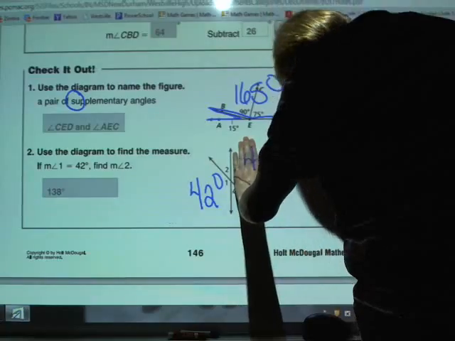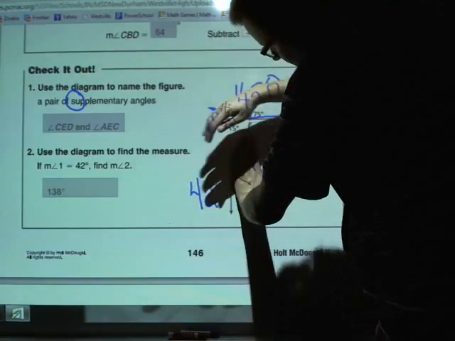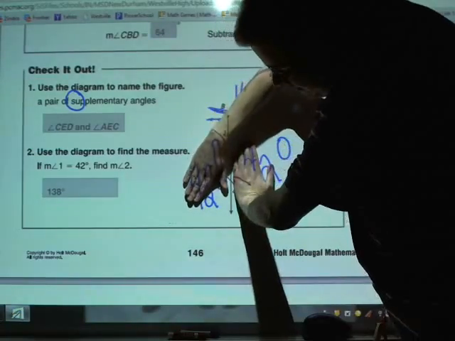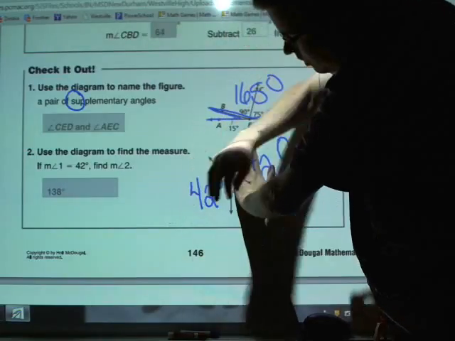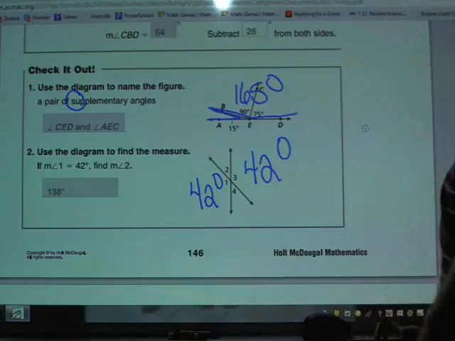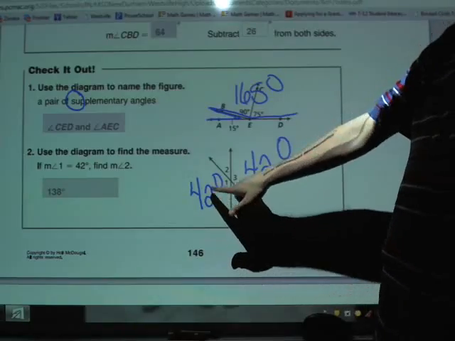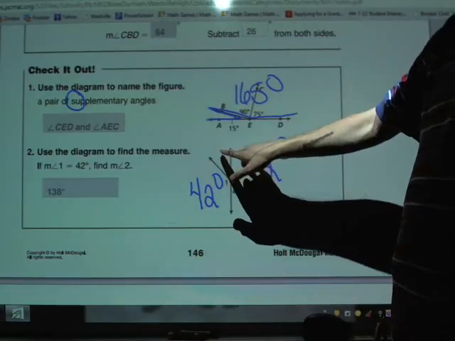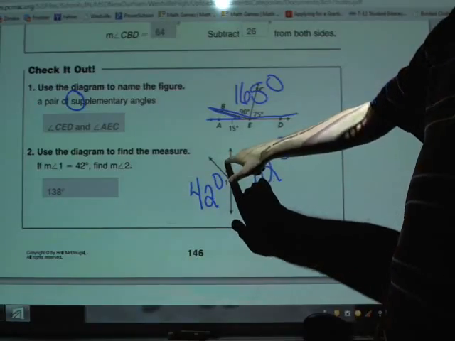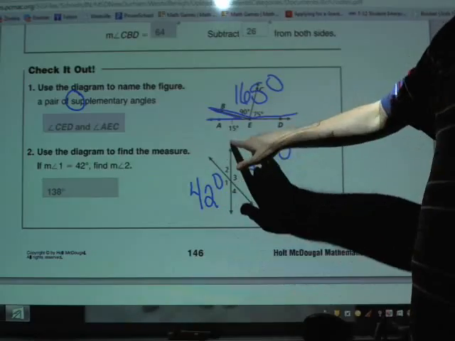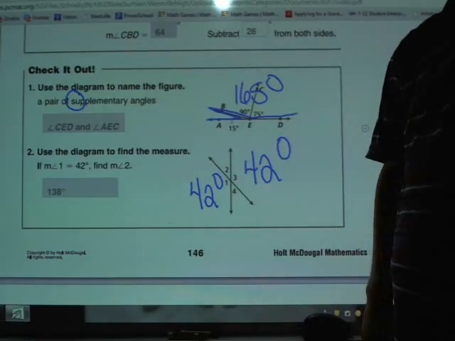Together, if I ignore this line that's shooting off here to the left, what you have there is a straight angle or a line. Those two together have to make 180 degrees. They are supplementary angles. If I know that this segment is 42, what I'm really asking myself is how many more do I need to make these two together reach 180 degrees?